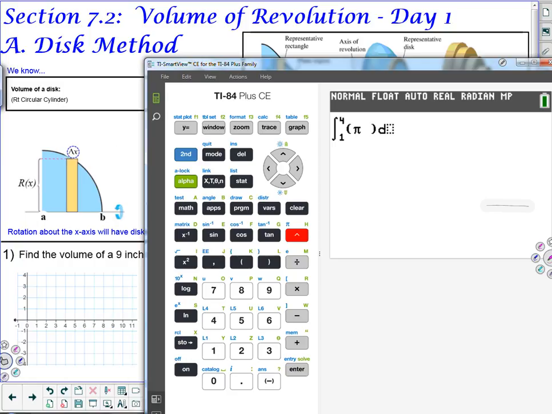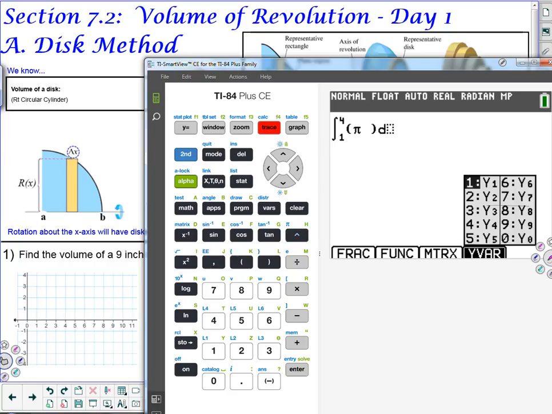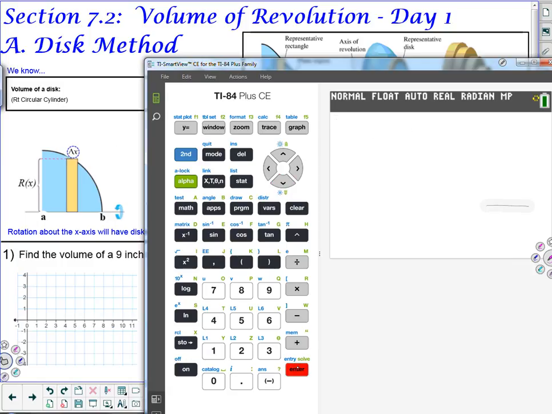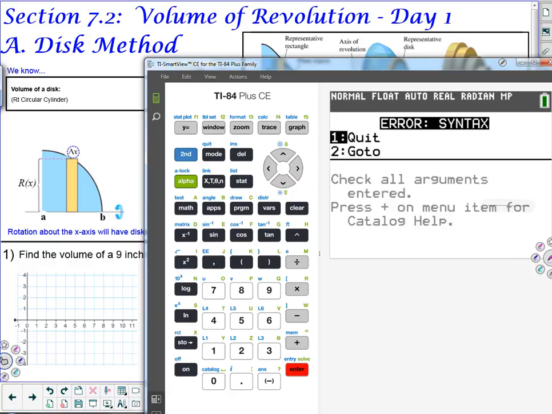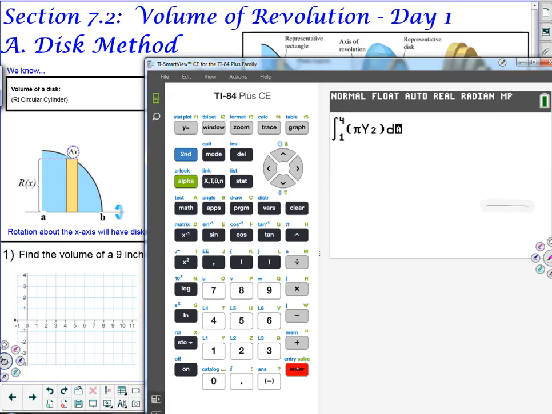Pi, and then it's r squared. For me, I have things sitting in y sub 2. So I have to go to my y sub 2 equation. And that needs to be squared. And then dx.